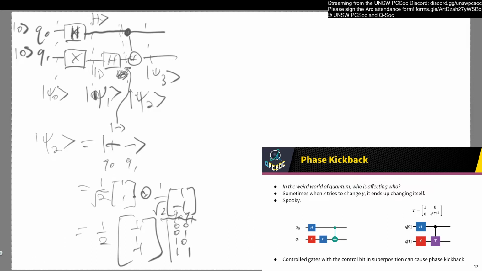Okay, C0. A C0 gate only flips the Q1 when Q0 is equal to 1. So when Q0 is equal to 0, this is left untouched. However, Q0 will be 1 in these two combinations or scenarios.